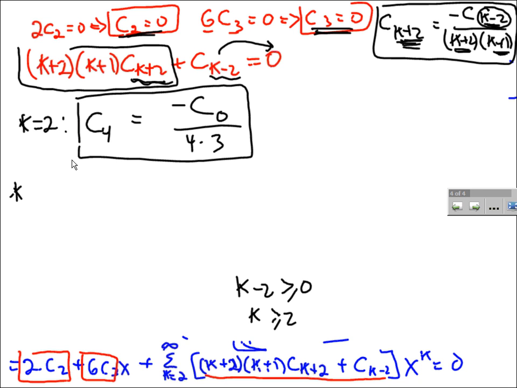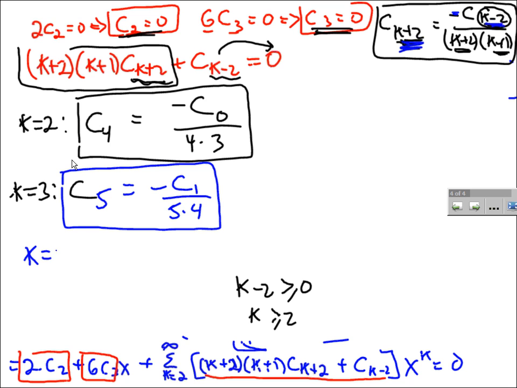Now, when k is equal to 3, 3 plus 2 is 5, minus c sub k, where 3 minus 2 is 1, over 3 plus 2 times 3 plus 1. That is c sub 5.